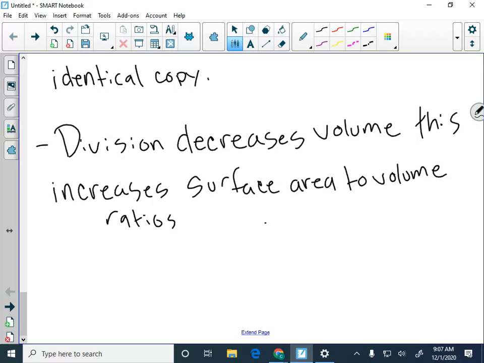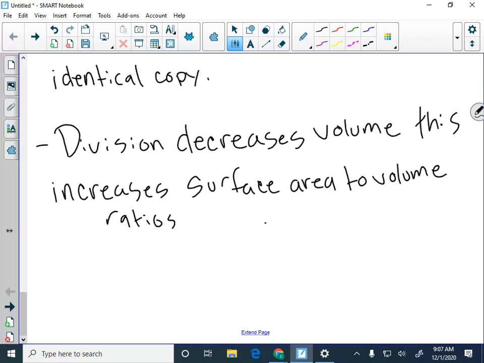Now, for us, when we think about reproduction, we don't necessarily think about mitosis. But for a single-celled organism, when it does divide into 2, it is reproducing. A little bit more complicated with multi-celled organisms.